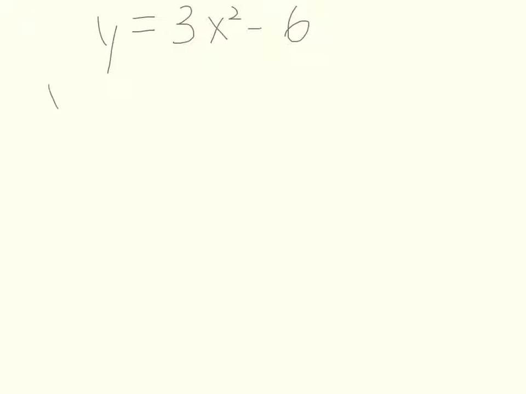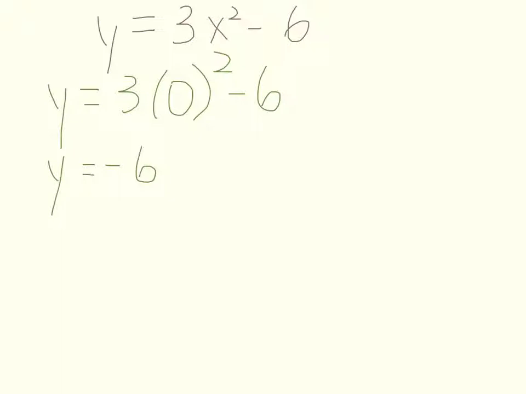In this case, it would look like y equals 3 times 0 squared minus 6. Now, if you just simplify this, 3 times 0 squared is 0, of course. y equals negative 6. And since we've already plugged 0 in, and since all y-intercepts have to have an x of 0, it would become (0, negative 6).